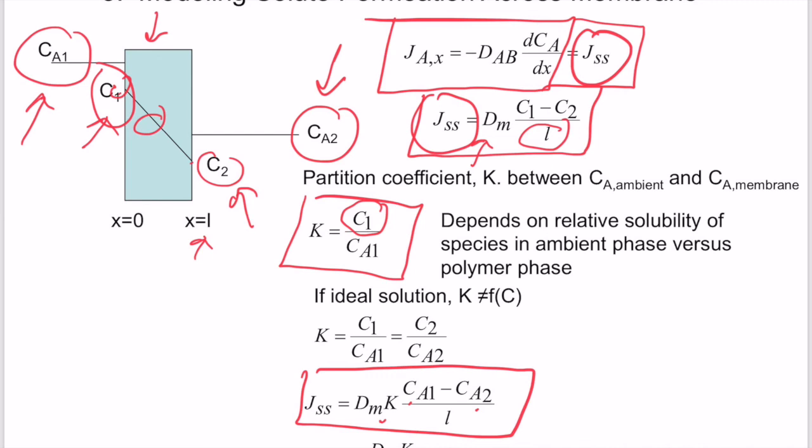No, actually, C1 is the concentration of species A right at the membrane edge right here, and C2 is the concentration of species A right at the edge here. Oh, okay, and so CA1 is the concentration of species A as it's floating around in this soup. Right. So it's all concentration of species A, it's just specifying where we're measuring it. Good question.